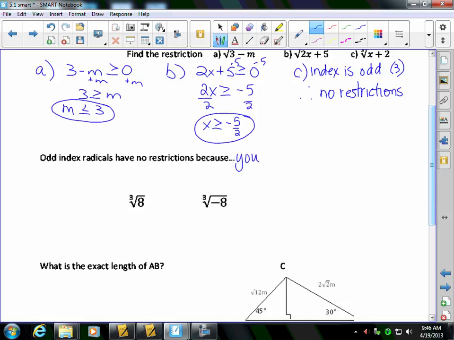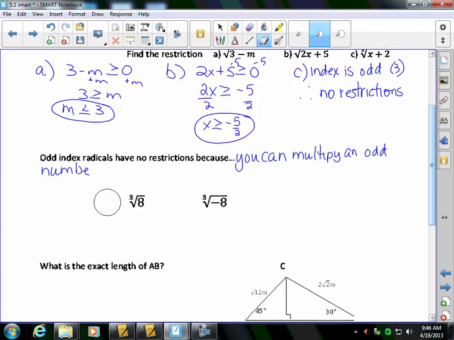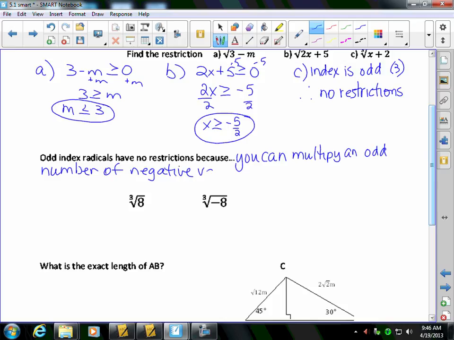So they have no restrictions because you can multiply an odd number of negative values together and you'll get a negative answer.